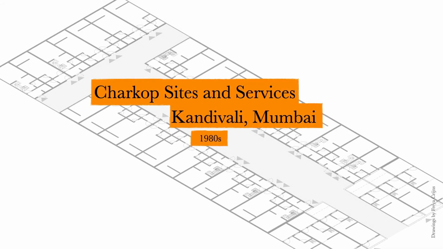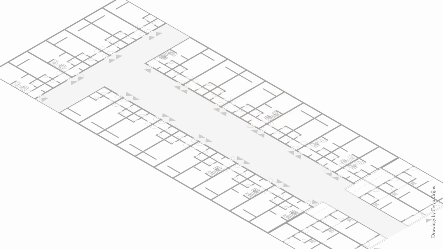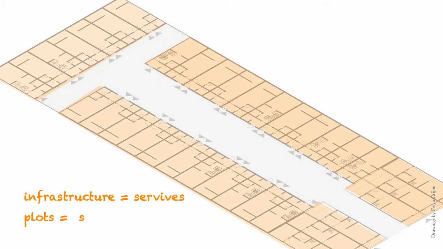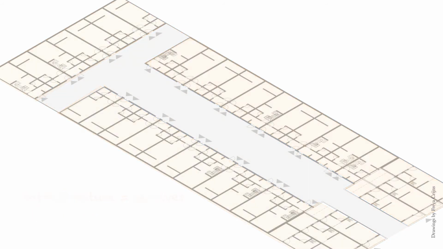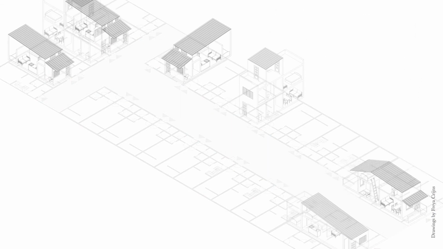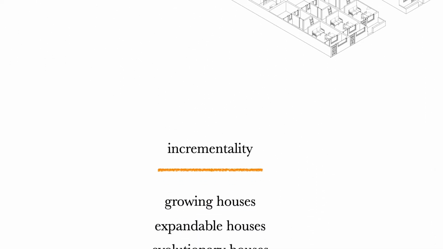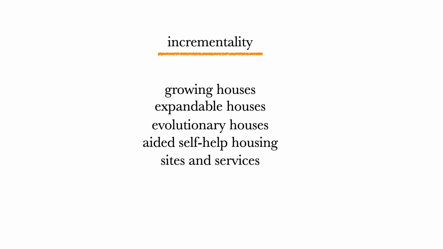Governmental agencies, with the financial and technical support of international agencies such as the World Bank, designed and provided the infrastructure, meaning the services, and distributed service plots, meaning the sites, to the families, who should then start the incremental improvement of their houses. The sites and services projects were implemented in the developing world and were designed to create big new housing neighborhoods.